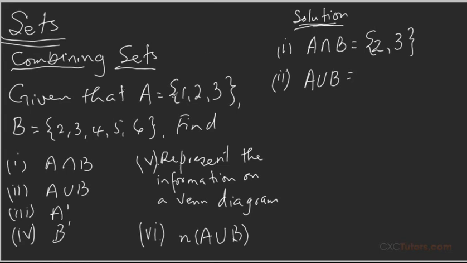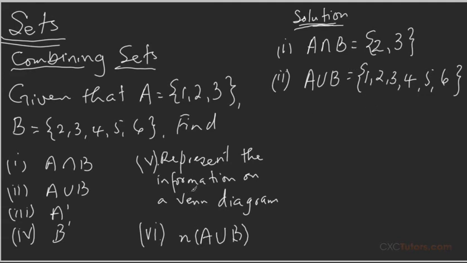So looking at set A, we have 1, 2, 3, and set B has the common elements 2, 3 as in set A. So we will continue with 4, 5, 6. So when you combine all the elements that are either in set A or B, we get 1, 2, 3, 4, 5, and 6. And that's the union of sets A and B.